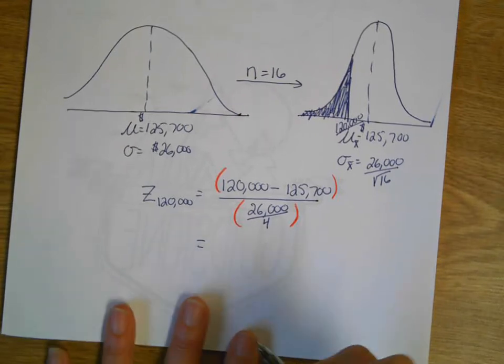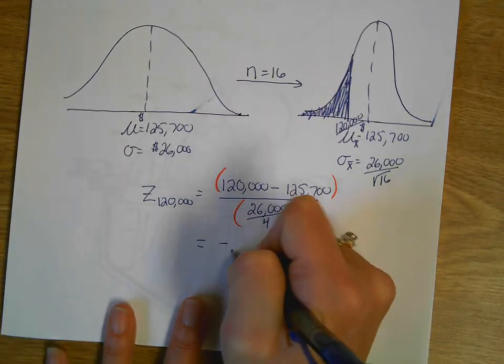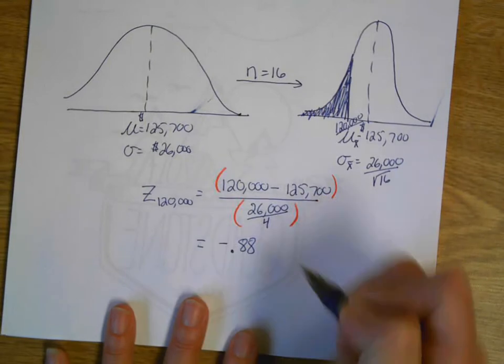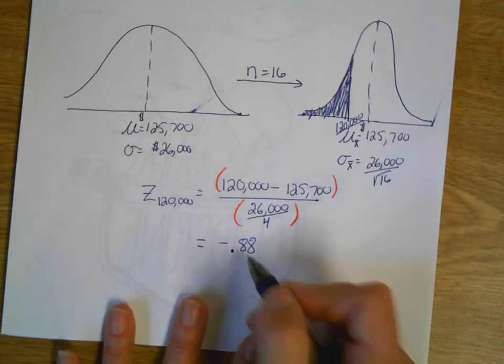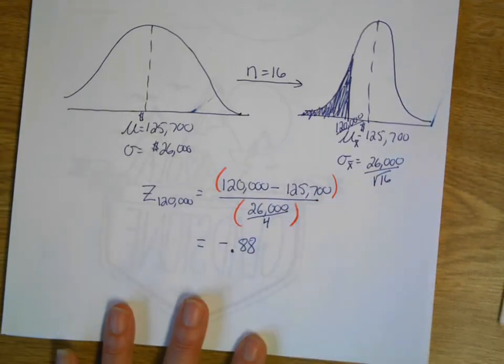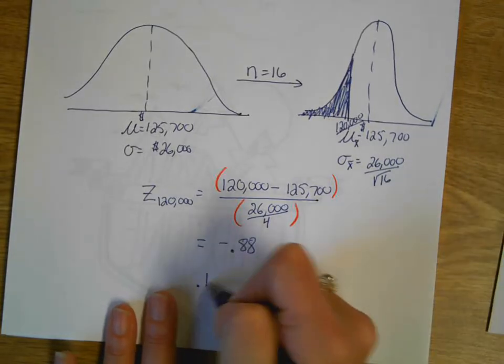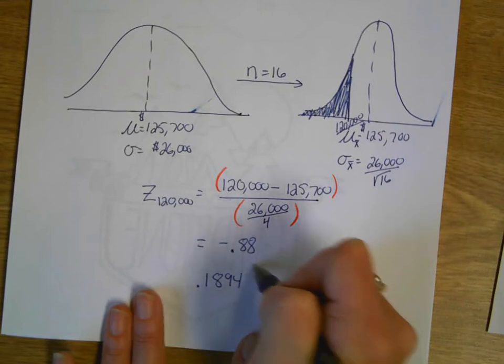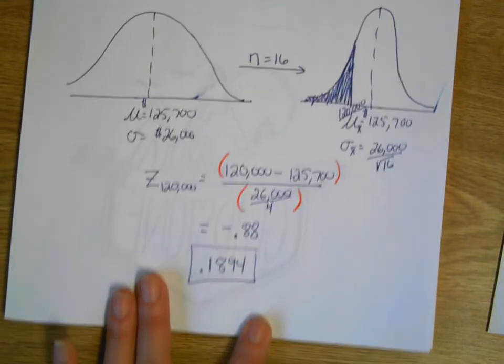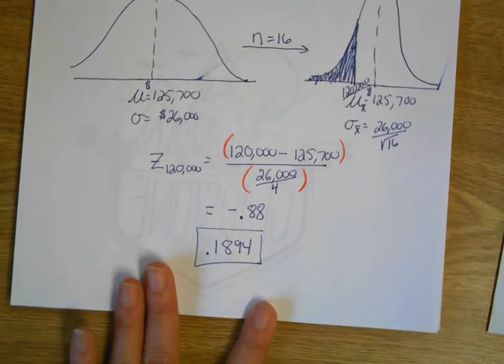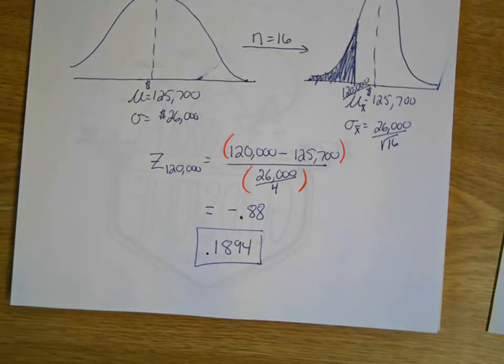And what's the z-score? Negative 0.88. And now look that value up on your table. What is it, 1894? So that will be our probability. Good.